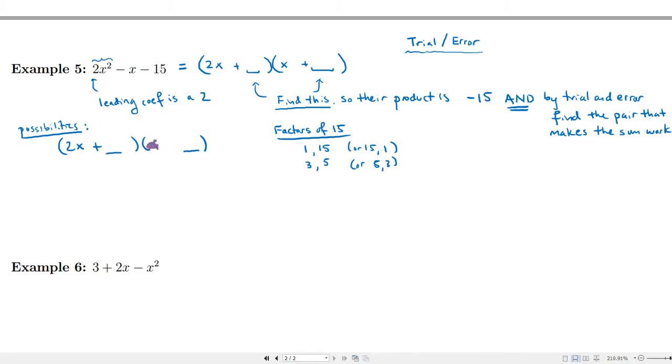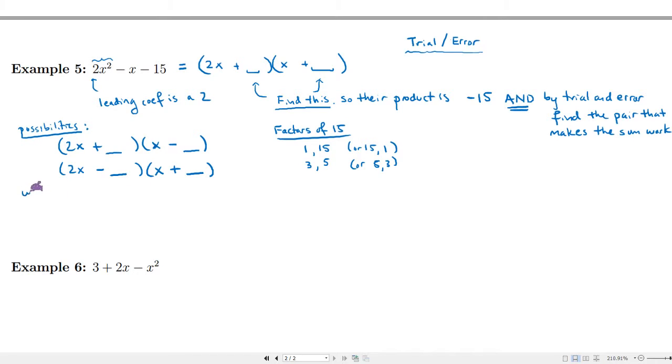We're either going to have 2x plus something and x minus something, or we're going to have 2x minus something and x plus something, right? These are the possibilities, and then we can fill in these factors here. Okay, so what are we getting here?